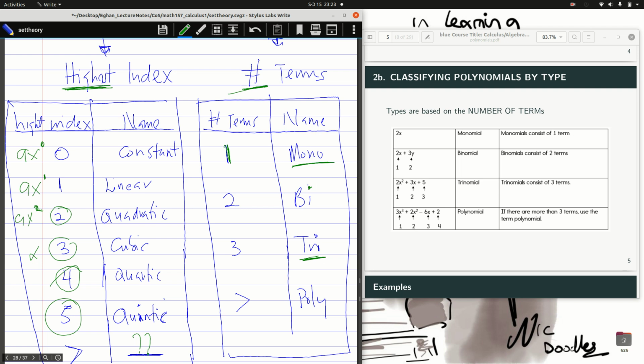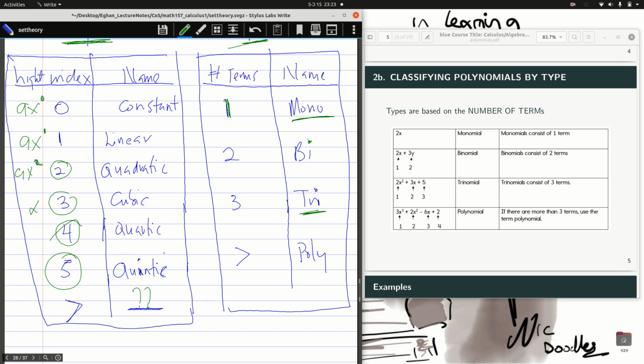And anything greater than 3, we call it polynomial. I've given the answer, but you have something to check out here for me. Okay, so look at the table 5. Why is it trinomial? Because it has 3 terms. It is well defined. Why is it binomial? Because it has 2 terms. Why is it monomial? Because it has 1 term.